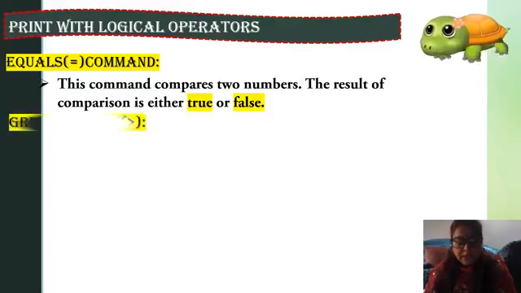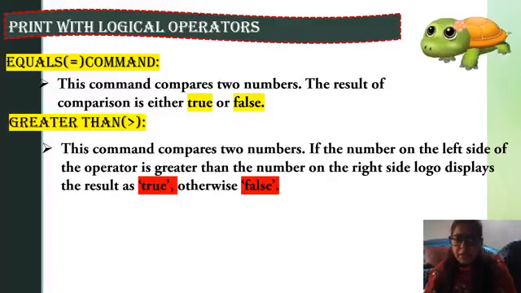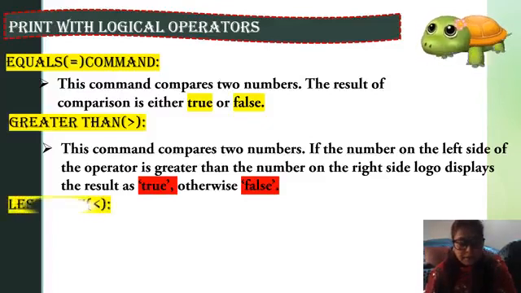The second is greater than. Greater than means this command compares two numbers. If the number on the left side of the operator is greater than the number on the right side, Logo displays the result as true, or otherwise the result will be displayed as false. Then less than.